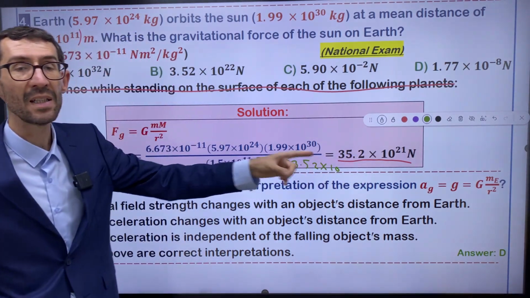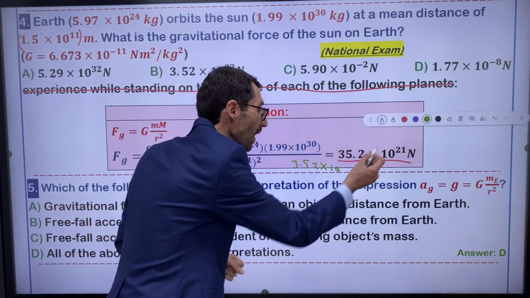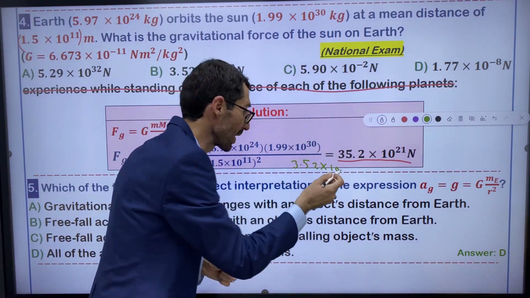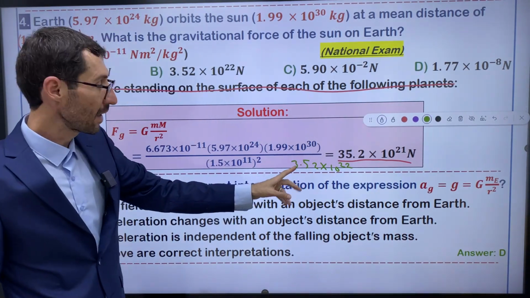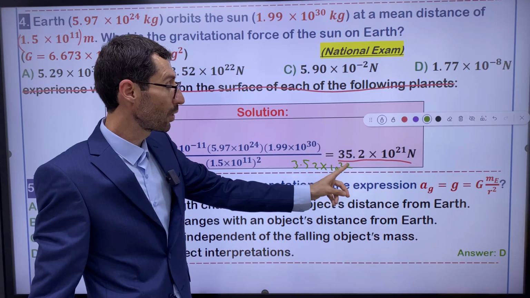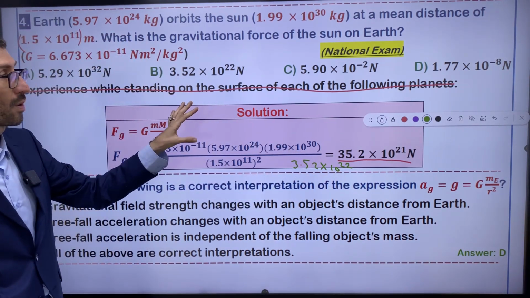It should take place in the exponent as well. So I added one decimal place. I have to add one to the exponent. So the exponent becomes 22. So the answer is 3.52 times 10 to the 22. It's the exact number in the multiple choice.